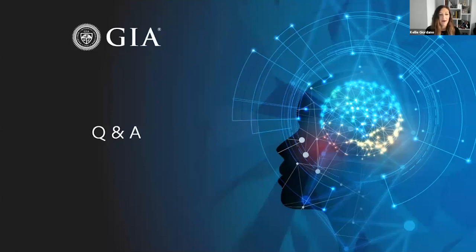Okay. Is it correct to assume that GIA has samples from all of these locales discussed today that GIA uses to identify country of origin? I believe GIA has visited all the locations that I mentioned today. I think the only one that is probably a little rarer is going to be the Sri Lankan rubies, because Sri Lanka has never been really known as a ruby deposit, although it produced some rubies.